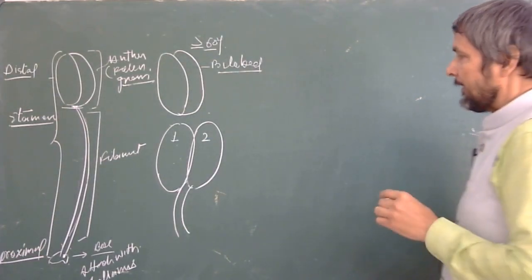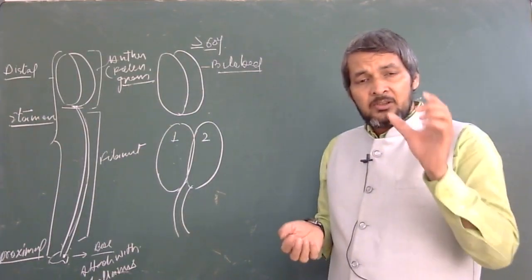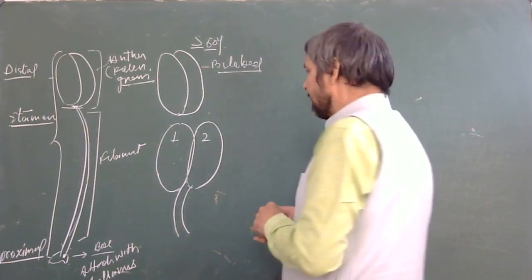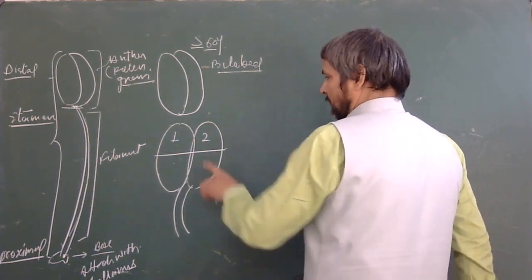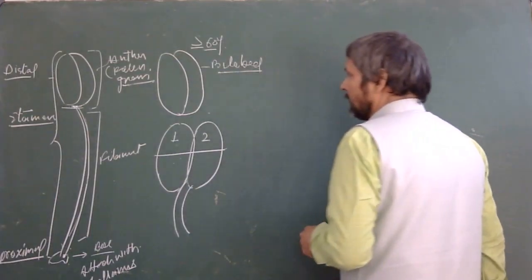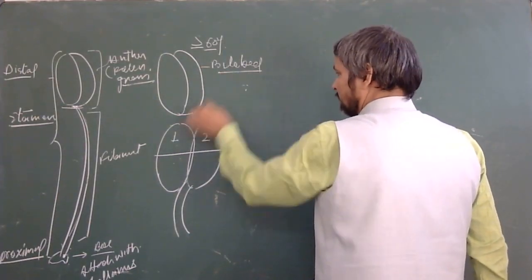Already remember. Now every lobe has two theca. Theca means, if you cut the section of any anther, what will you see here? Cut the section.